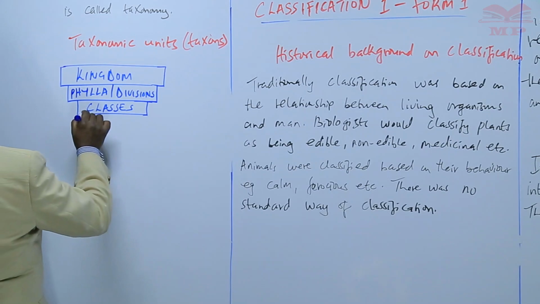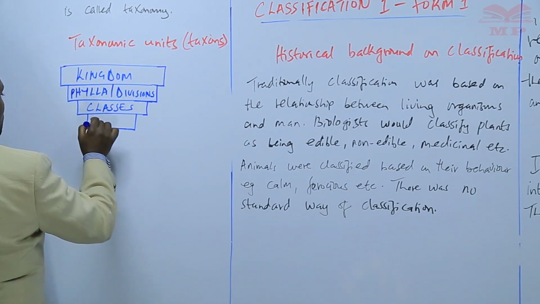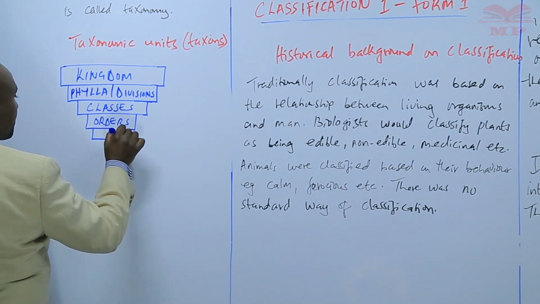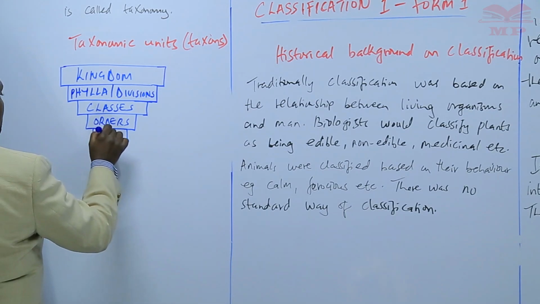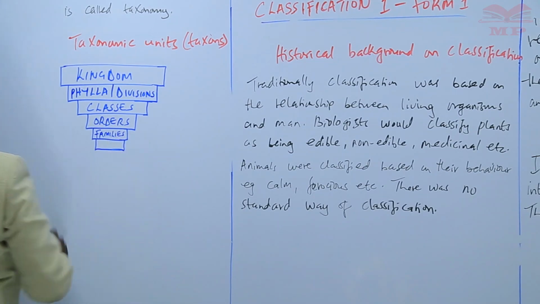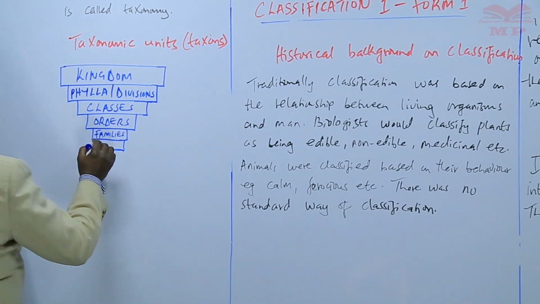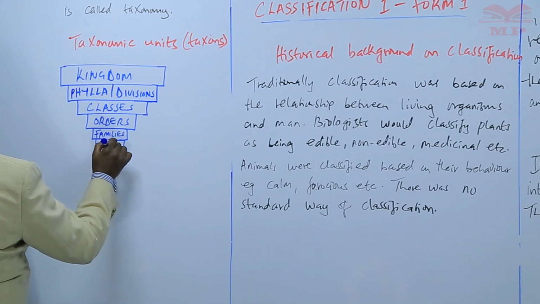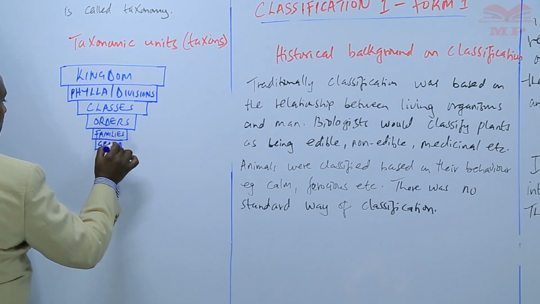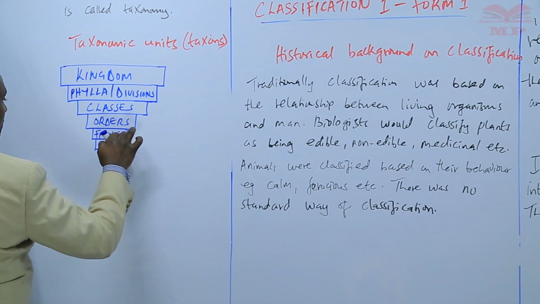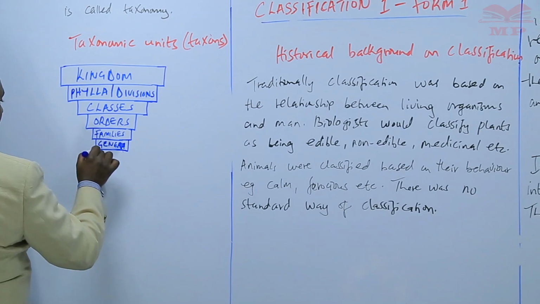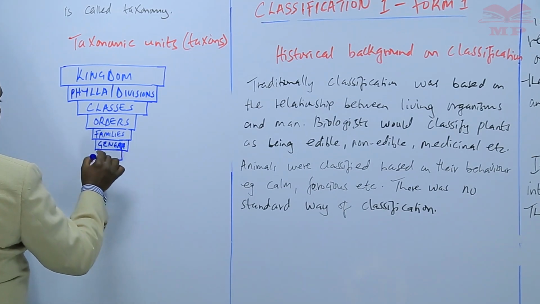From the classes, we have the various orders. Then families. Then we have the genera. And then finally the species.